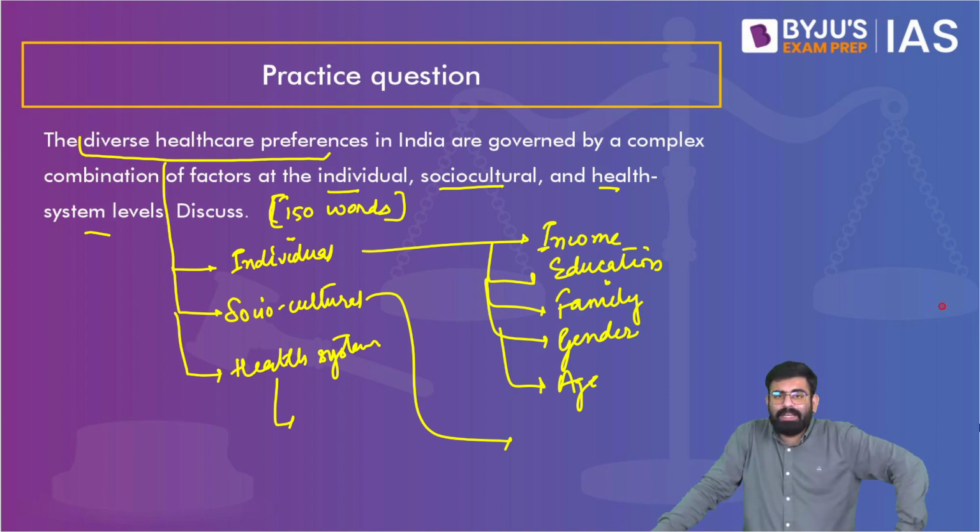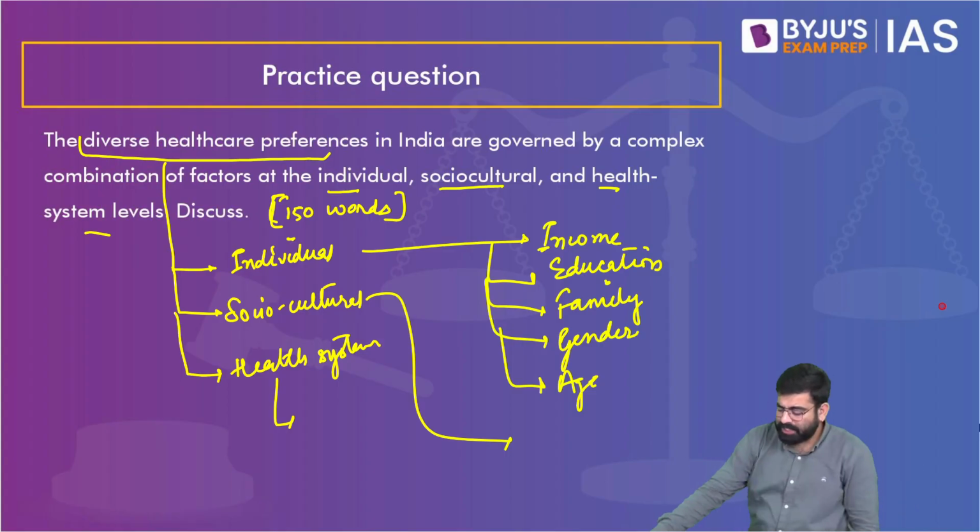On the health system level, again, affordability can be an issue. The availability or access to these healthcare facilities can be an issue, right? Great. So what kind of quality of healthcare you are getting can be another thing.